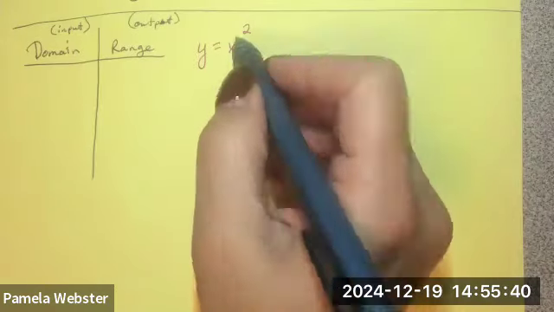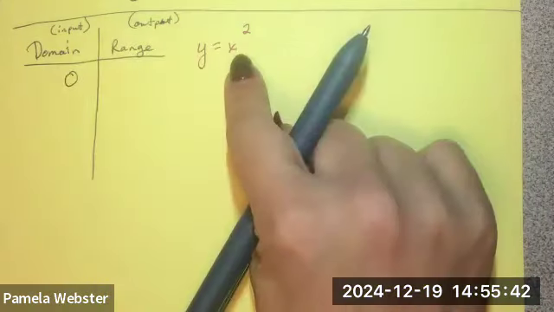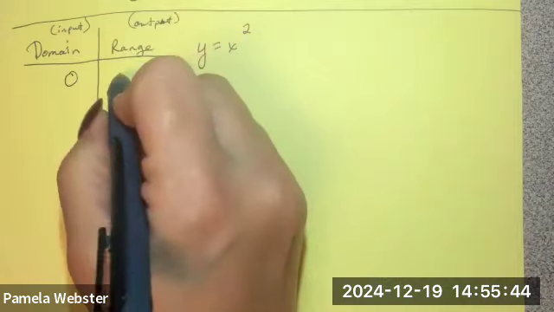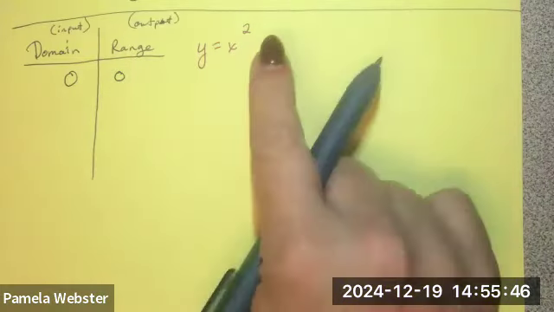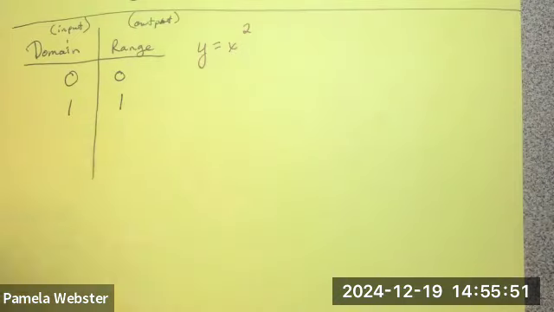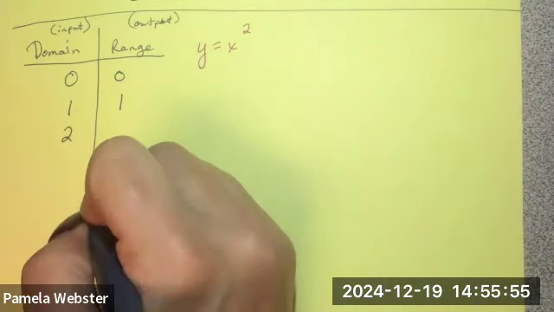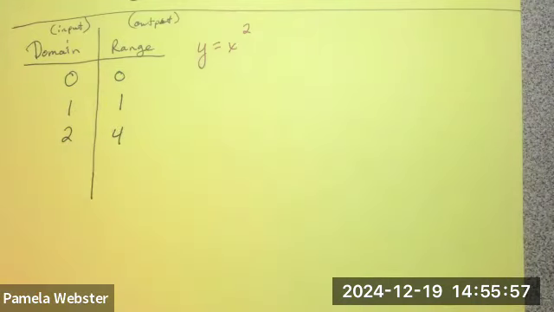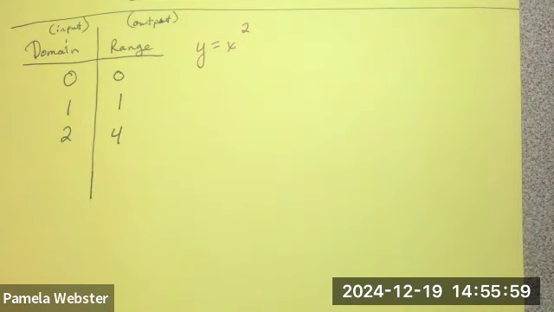Okay, so if I put in 0, 0 squared is 0, so I get a 0 out. Okay, that's fine. If I put in a 1, 1 squared is 1, so I get a 1 out. That's fine. How about if I put in a 2? 2 squared is 4. I get one output there, right? Okay.